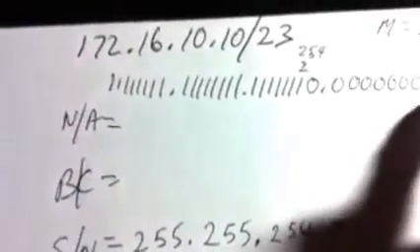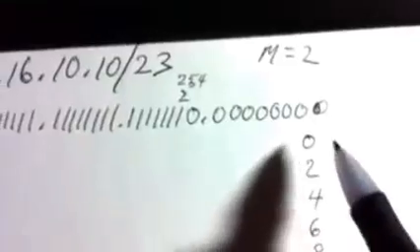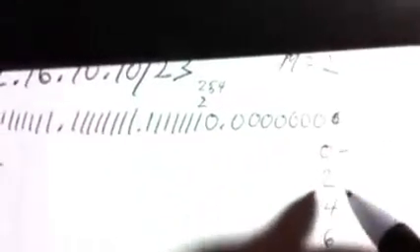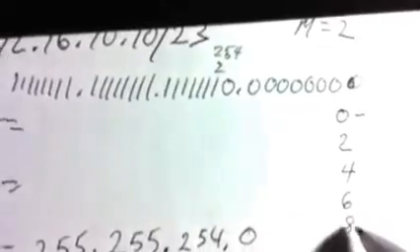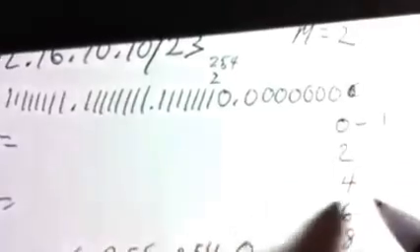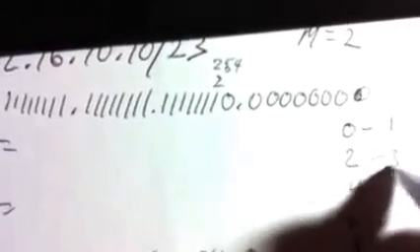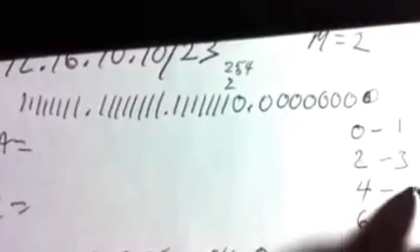And don't forget now, this is reserved for your network address, and this side would be your broadcast address right here, which I'm going to show you. So it's 1 less than the 2, 1 less than the 4, less than the 6, less than the 8, less than the 10, so it would be 0, 1. So 1 less than 2 would be 0, 3. Less than 4, less than 6 would be 5.